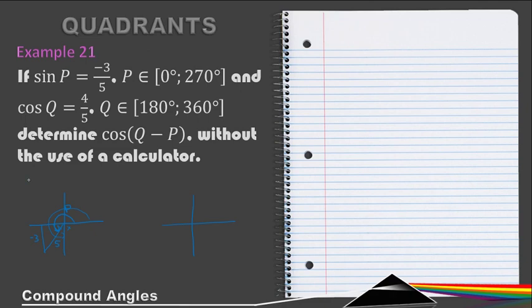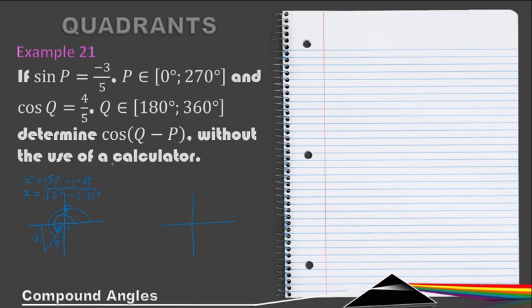To find the x, x squared will be equal to 5 squared, the long side squared, minus the other short side, minus -3 squared.